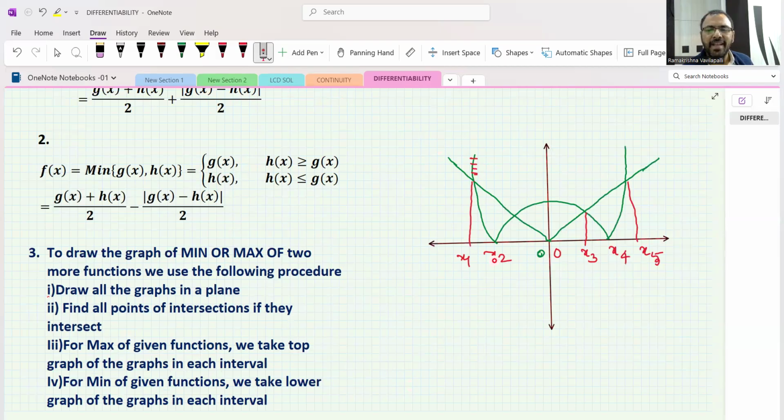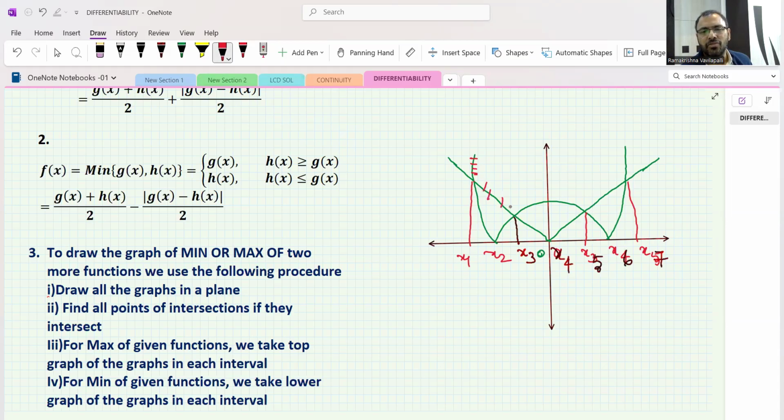Now between x1 and x3, this is the maximum graph.